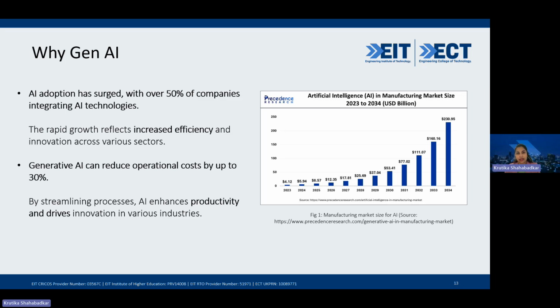Now, why Gen AI? Why has it gained so much momentum? Because it drives efficiency and innovation, and more than half of the companies are integrating AI technologies today, as you might have seen, and you can see up to 30% reduction in operational costs. It streamlines processes, accelerates product development, and enhances decision making, particularly in industries like manufacturing, where speed and accuracy are critical.